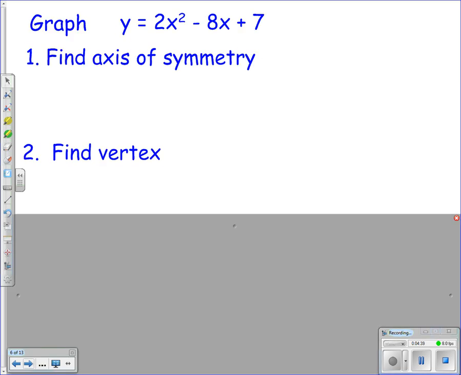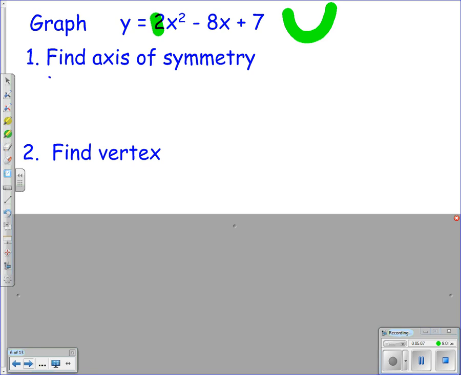Let's go ahead and find the axis of symmetry and the vertex for this different equation. Which way does this parabola open, by the way? Because our leading coefficient is positive, we know that this parabola is going to open upward. Cool. That's just an extra little bonus to know. You'll have to know that for some of your homework.